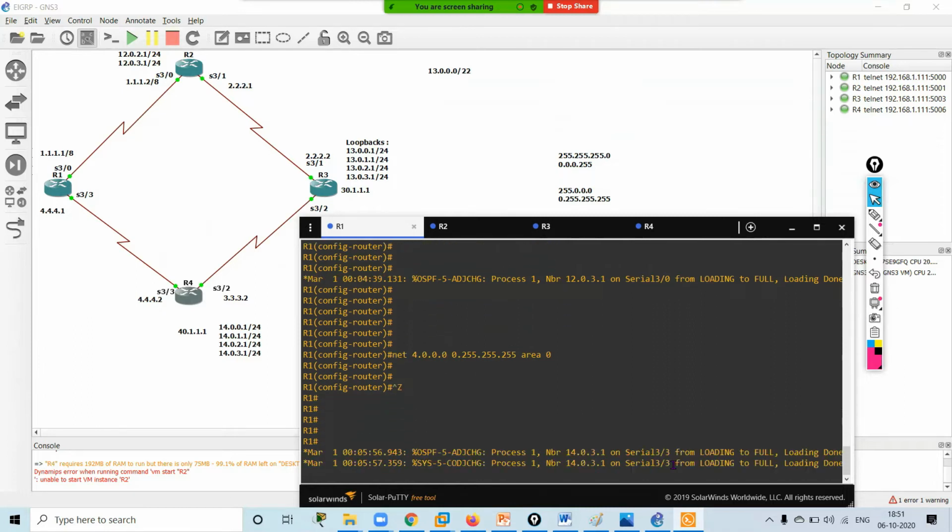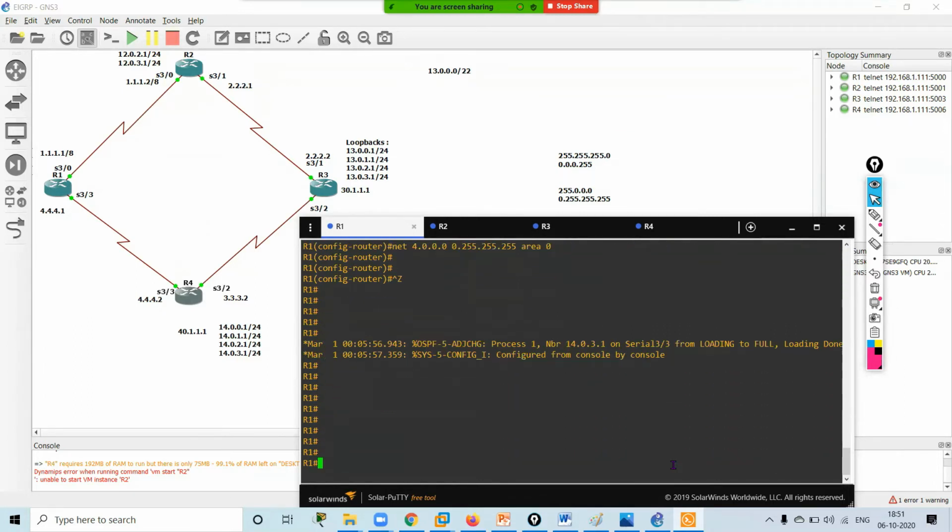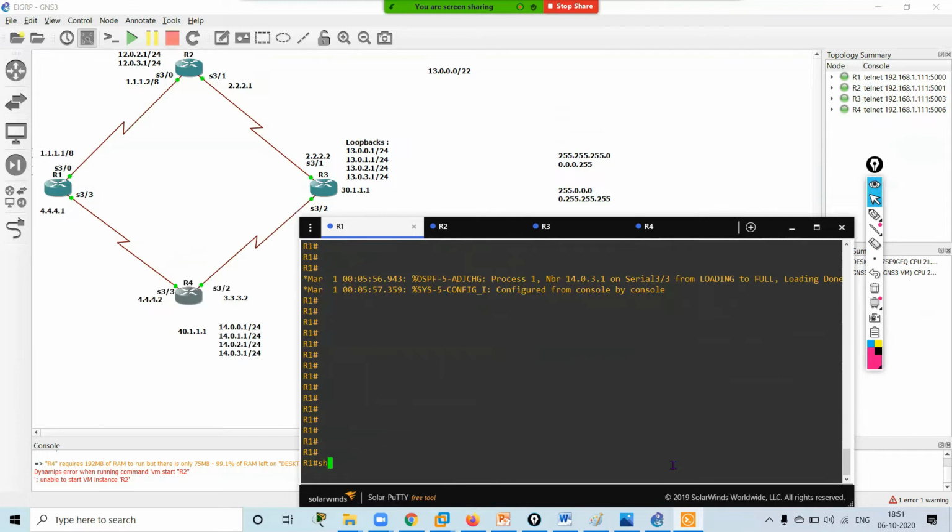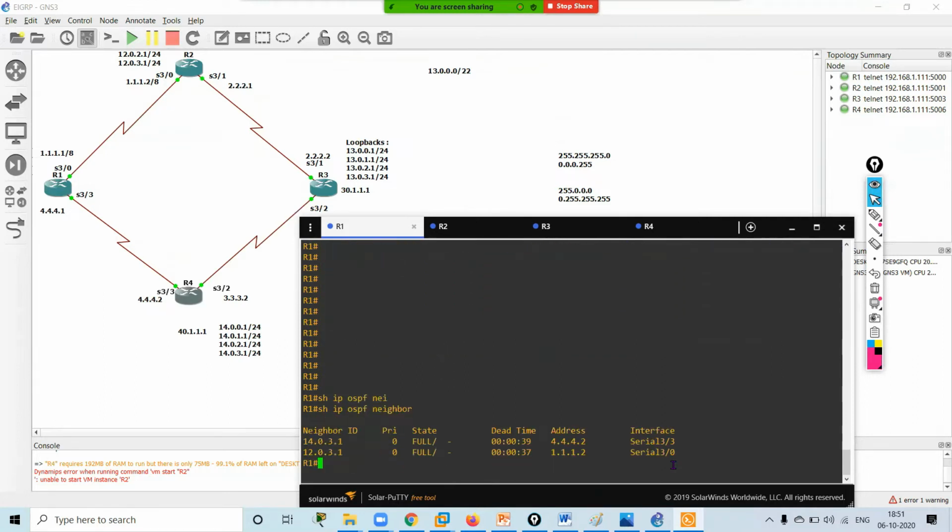This is my single area OSPF configuration. If I want to see show ip ospf neighbor, how many neighbors do I have on R1? 2 neighbors, 14.0.2.1 and 14.0.3.1. See, it took the highest IP address of the loopback as my router ID. It took the highest IP address of the loopback as the router ID of the router.